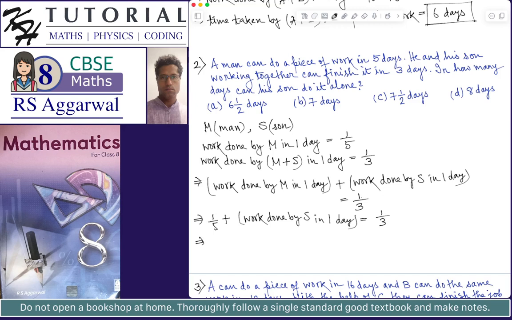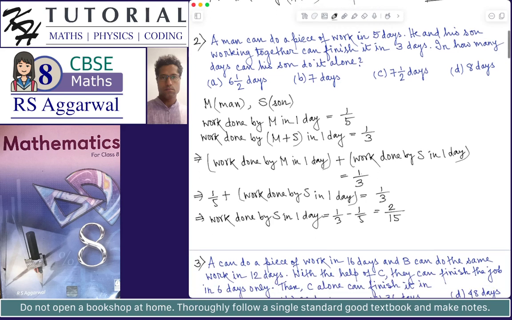So this implies work done by S in one day will be equal to 1 by 3 minus 1 by 5, which is equal to 2 by 15. So in one day, 2 by 15th part of the work is done by the son.